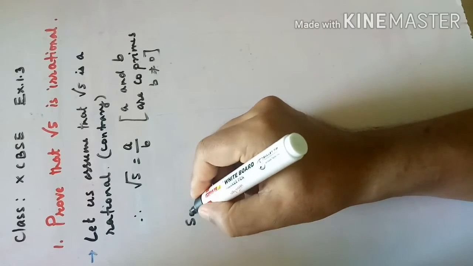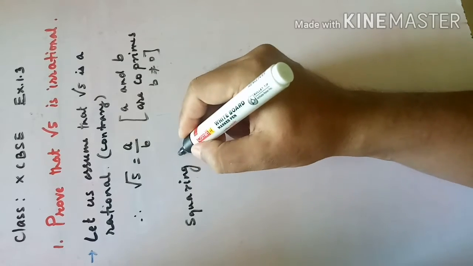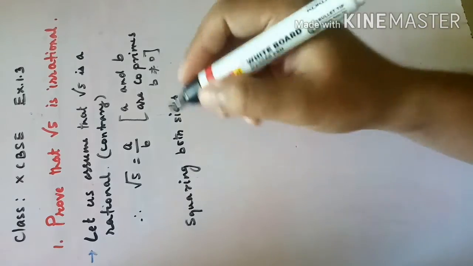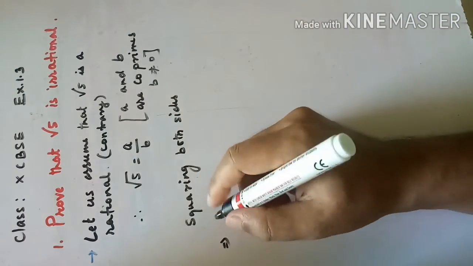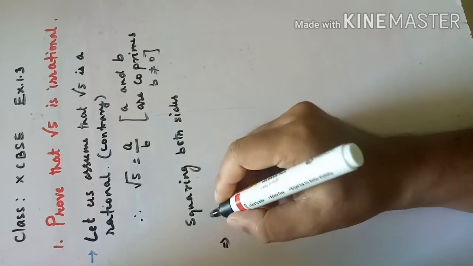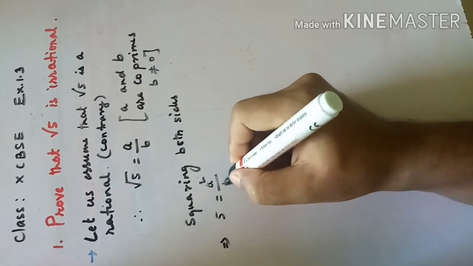Squaring both sides, what will you get? Root 5 square means root 5 into root 5 will come, and this side will come a square by b square.